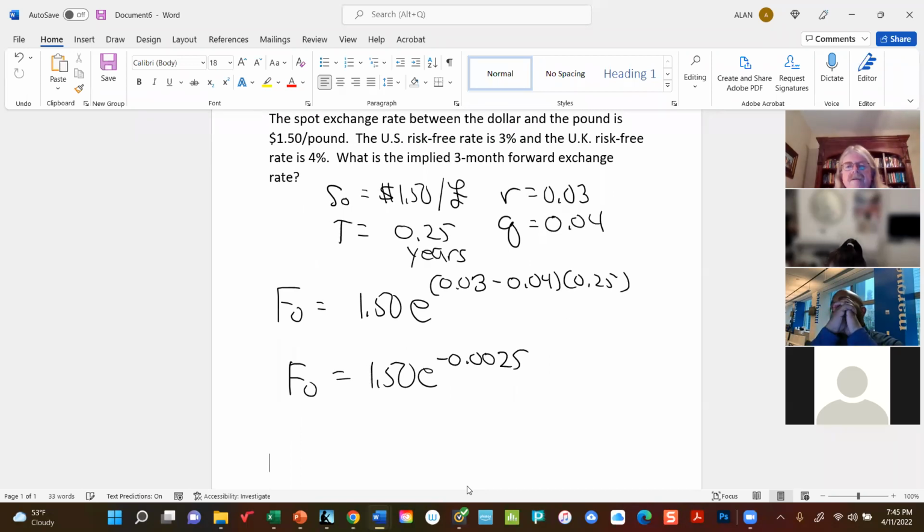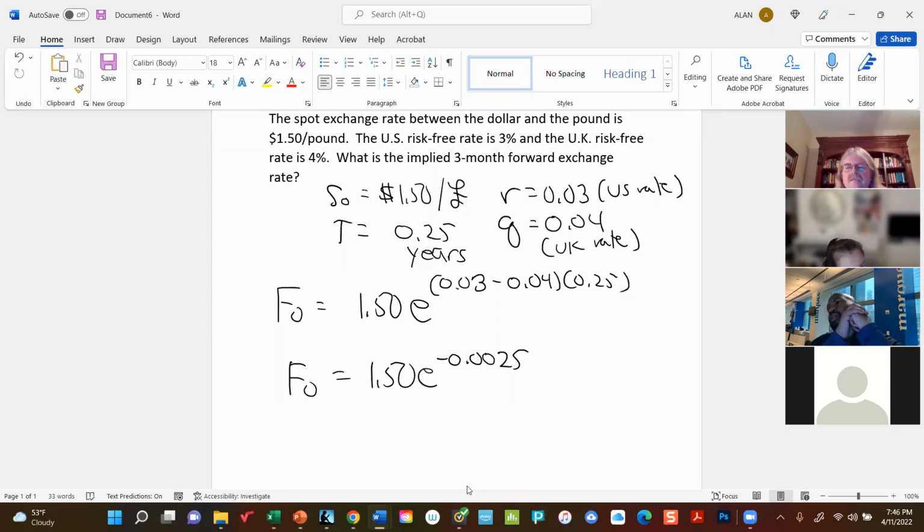Professor Anderson, on G, you said it's time, but it reads like it's the UK risk-free rate of 0.04. Just trying to figure out where the 0.04 is coming from. Oh, Q is the UK rate. Oh, my apologies. So Q is the UK rate, R is the US rate.